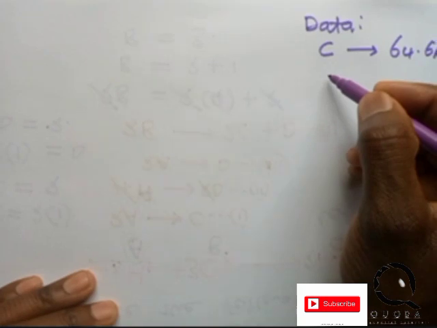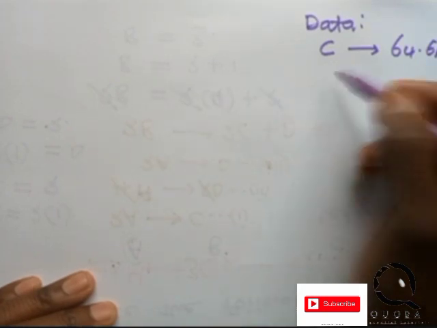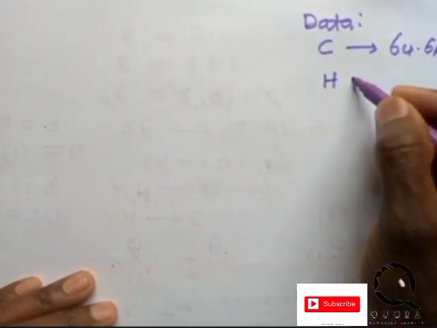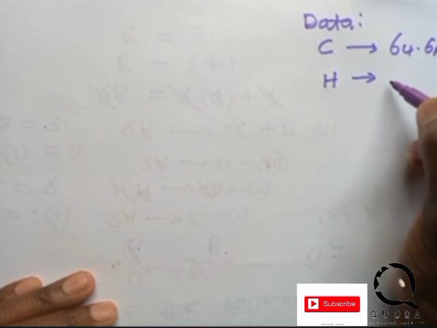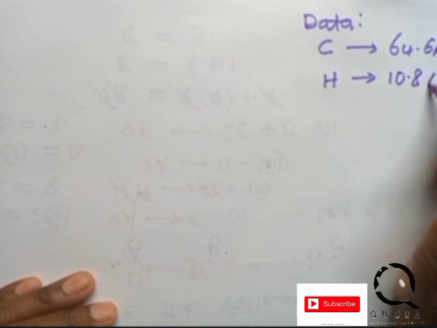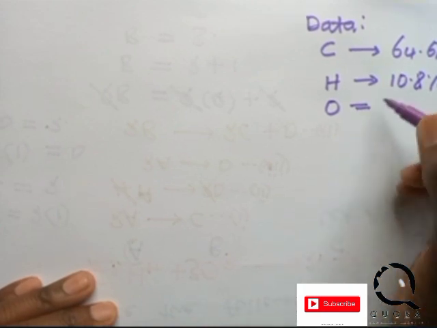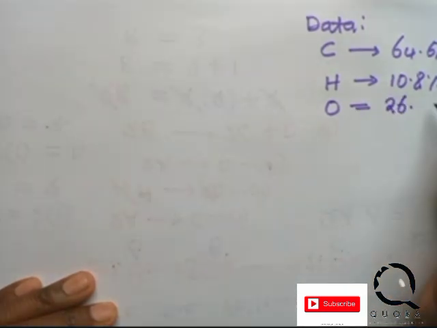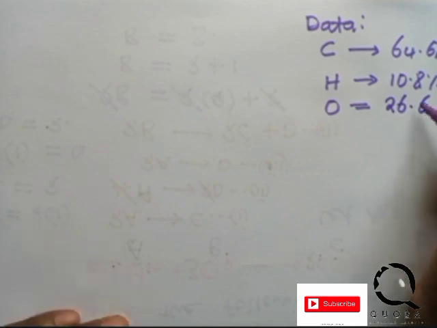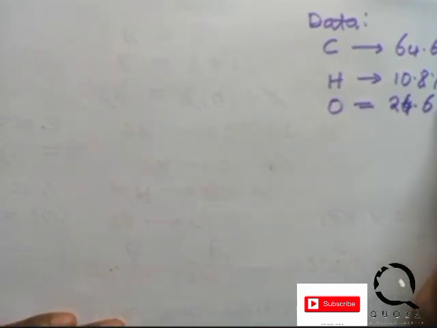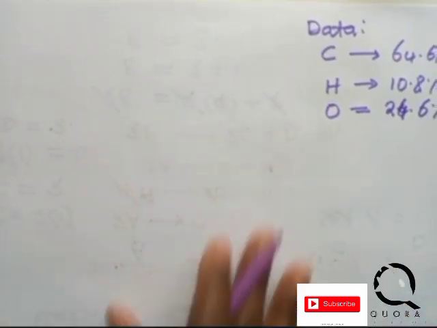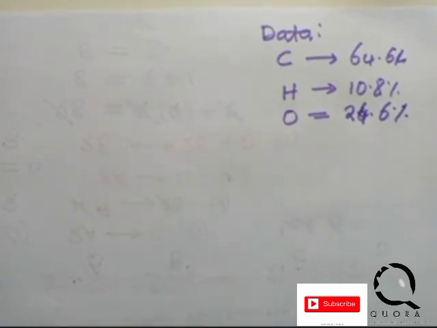We also have hydrogen, which is having a percentage of 10.8%, and finally we have oxygen, which is having a percentage of 24.6%.